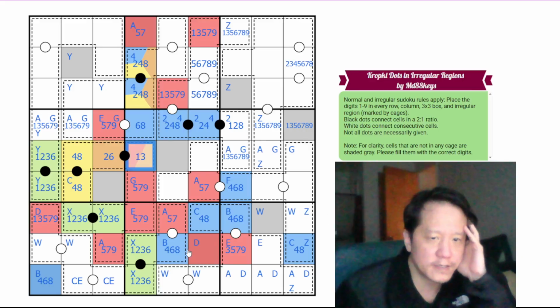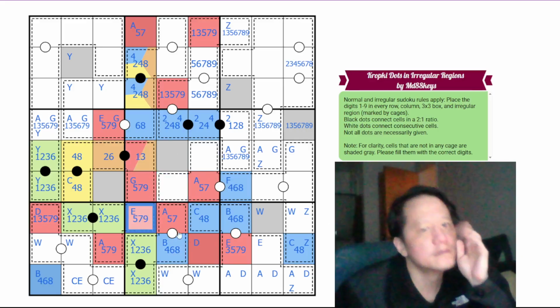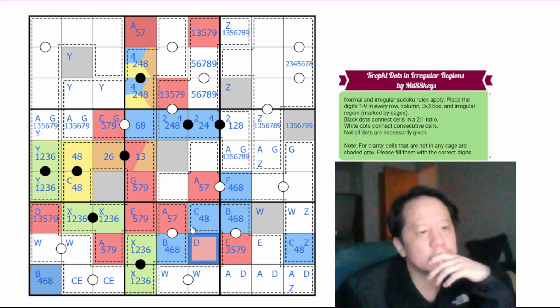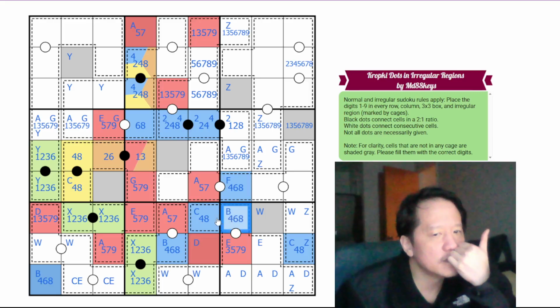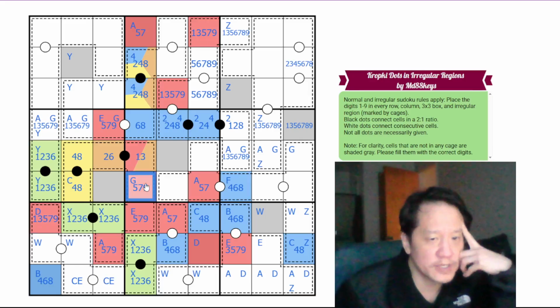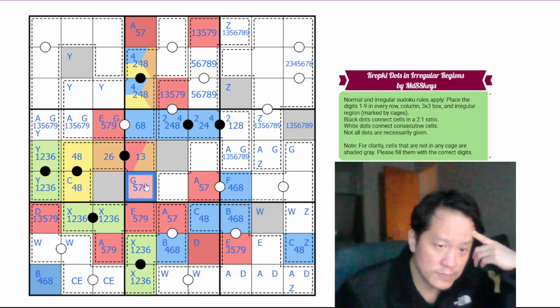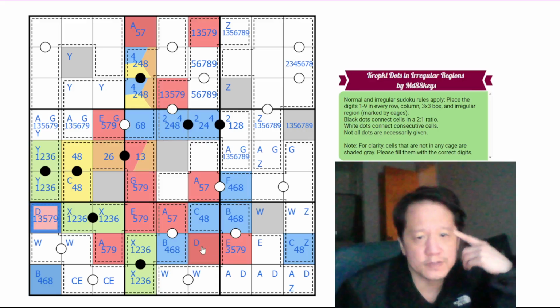This is odd. D could be the same as G. Right, these are the same.